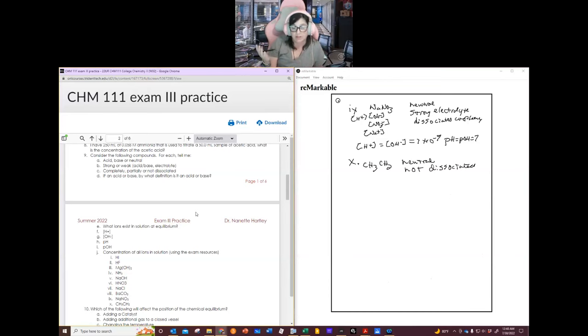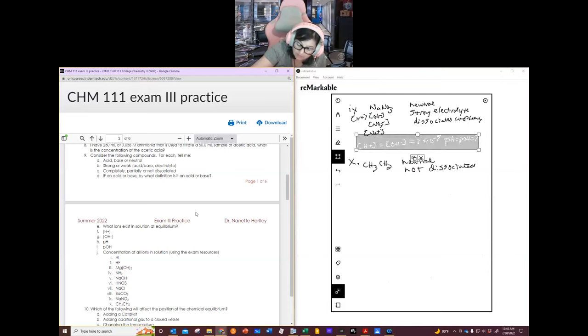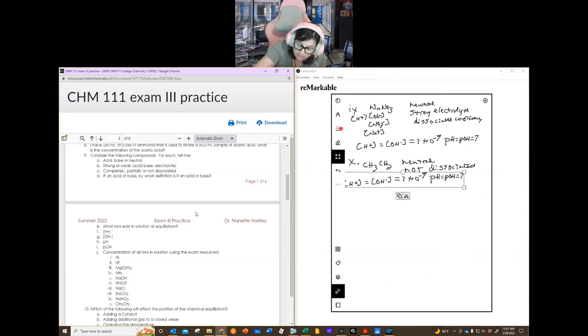My H plus and OH minus are both 1 times 10 to the minus 7th, which gives me a pH and a pOH of 7. So this also applies to this one. And that is the end of number 9.